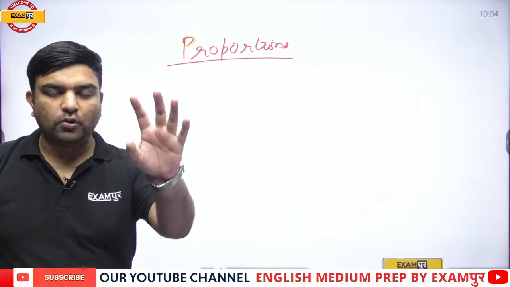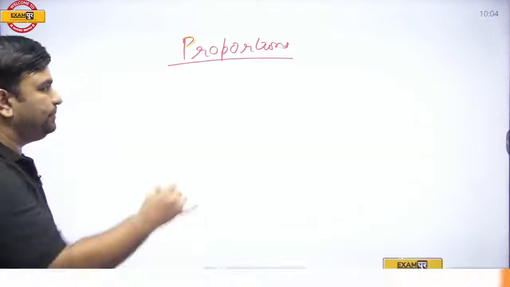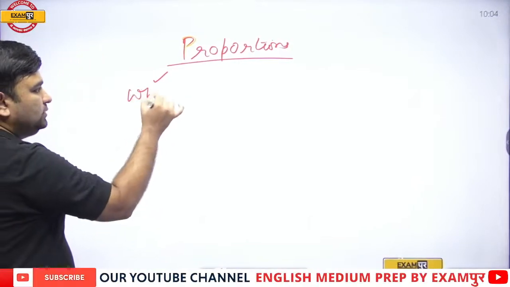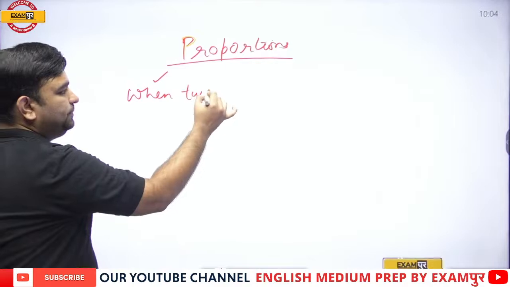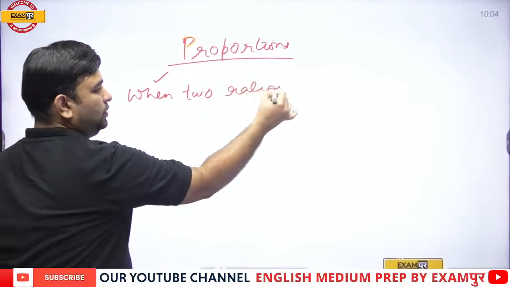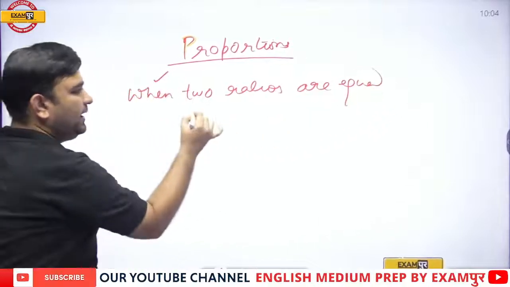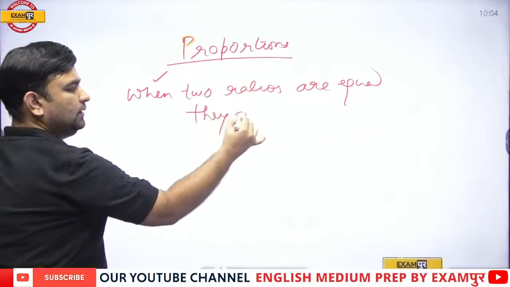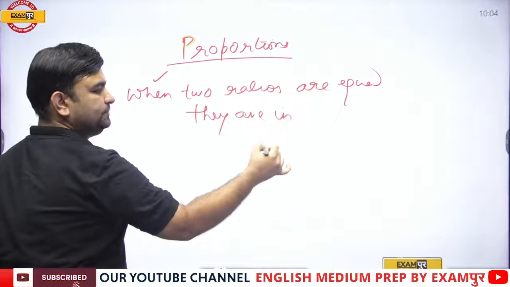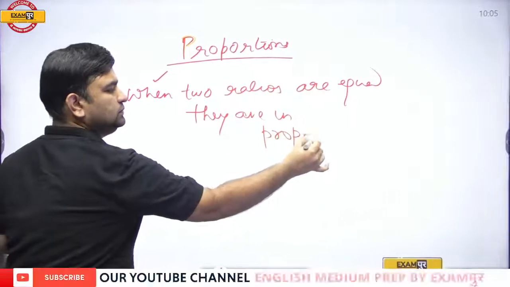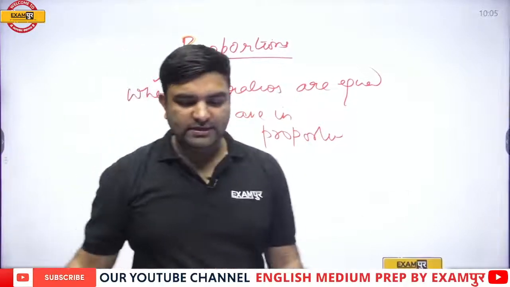When two ratios are equal, they are called a proportion. Have you got it, what I just said?